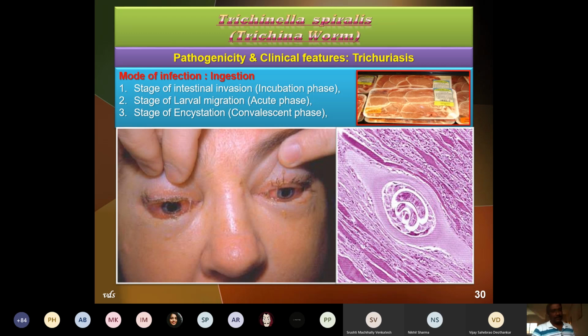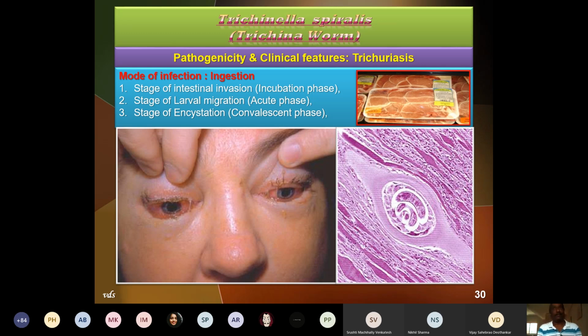Now here, mode of infection is ingestion, stage of intestinal invasion. As I've told you, in the intestine, they do not cause much inconvenience. Stage of larval migration, which is an acute phase. As I've told you, through the blood, it is carried to different internal organs.